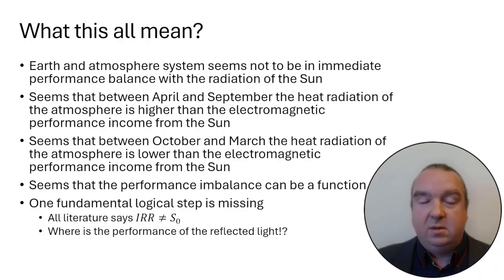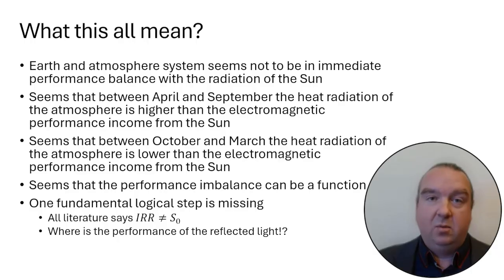And of course, where is the performance of the reflected light? I did not mention yet, but the heat radiation of Earth at the temperatures we measure, where we live, does not contain shortwave radiation.